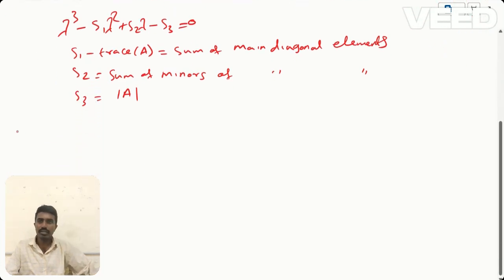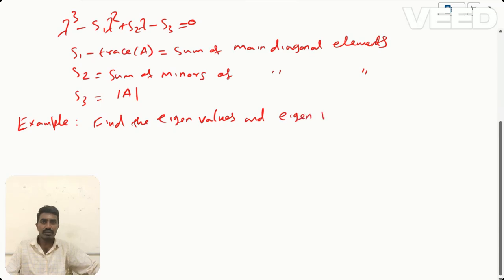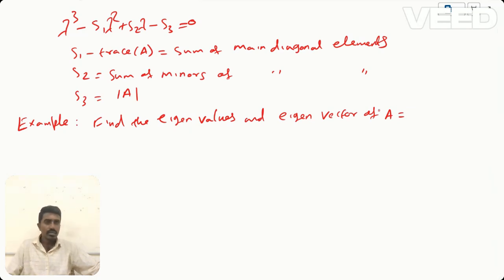Now we will solve the problems. Example: find the eigenvalues and eigenvectors of the matrix A equal to [3 -4 4; 1 -2 4; 1 -1 3].